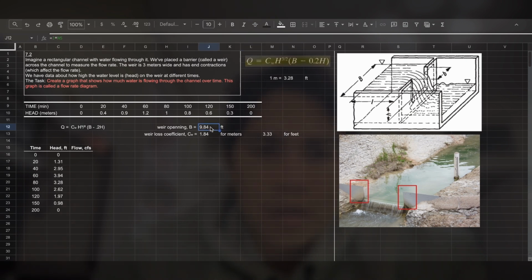Now with all our values in feet, we can solve for the flow at each time period.